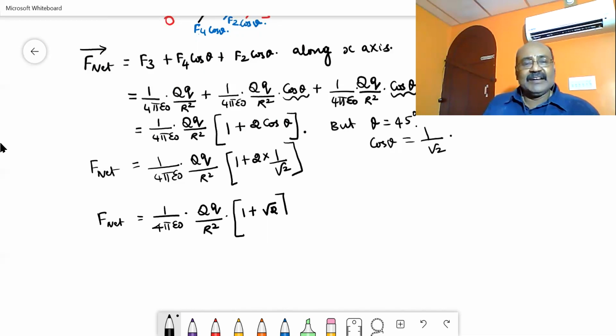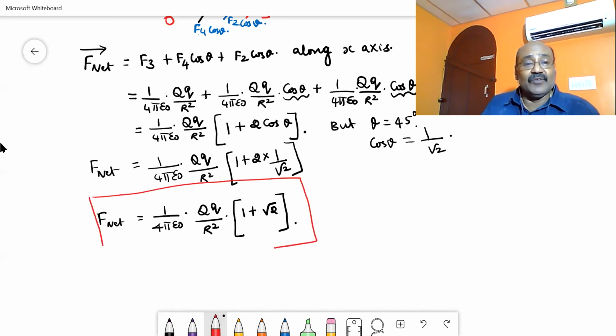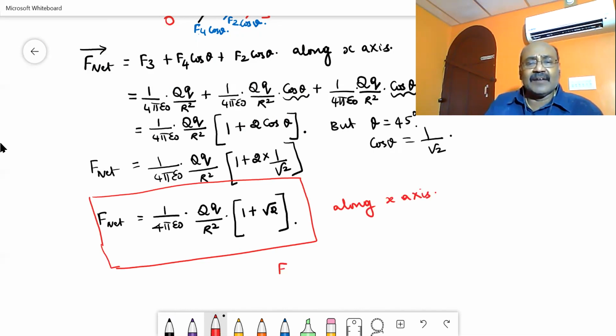So F net is 1 by 4 pi epsilon 0 Q into q divided by r square into 1 plus root 2. This gives you the magnitude of the net force. The direction is along the x-axis. So how can I write this as F net vector?